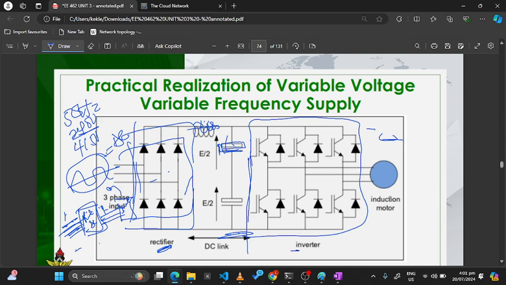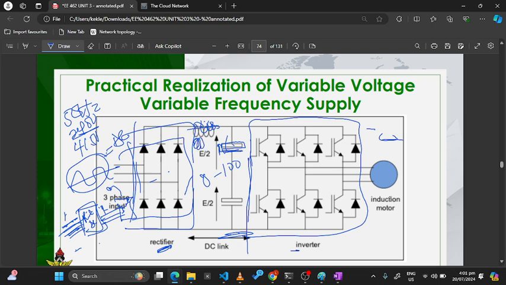The other job this inductor does is that it limits the inrush current, because it won't allow the current passing through it to change instantaneously. It's like it says you can't just move from 0 to 100 through me, you have to convince me. You get it?